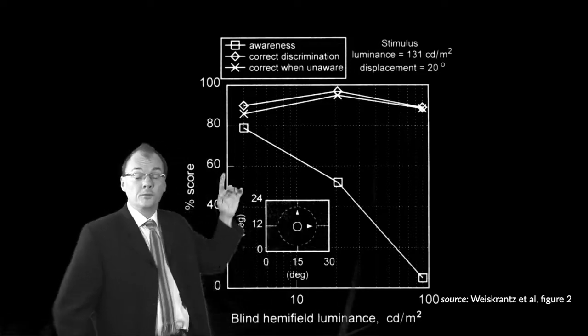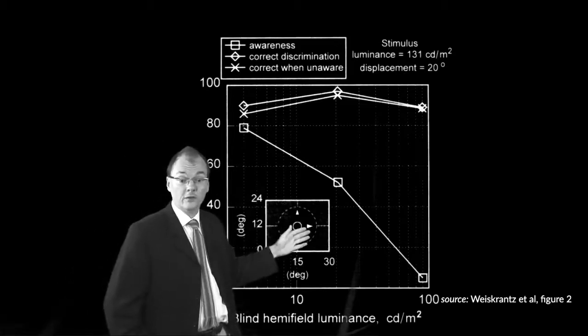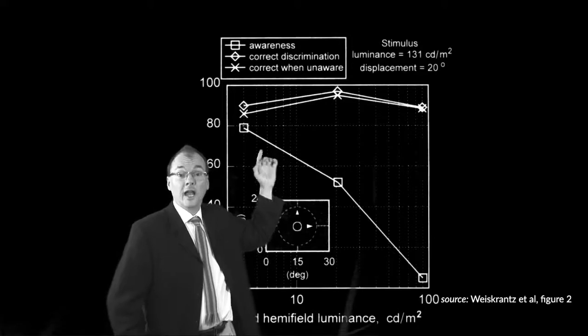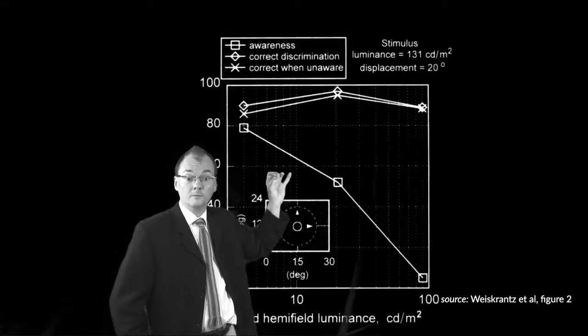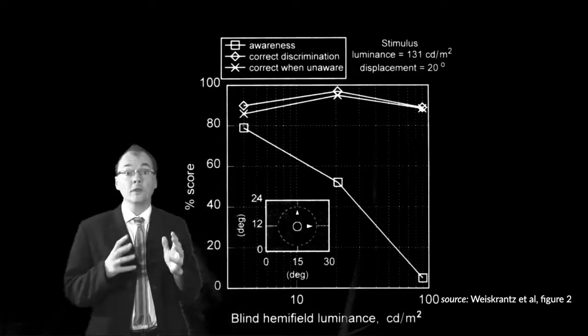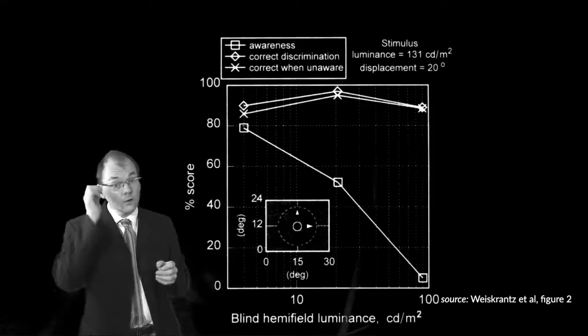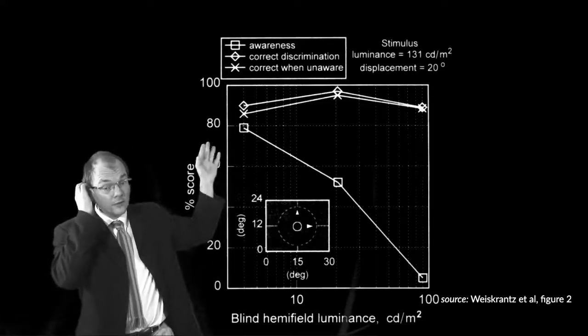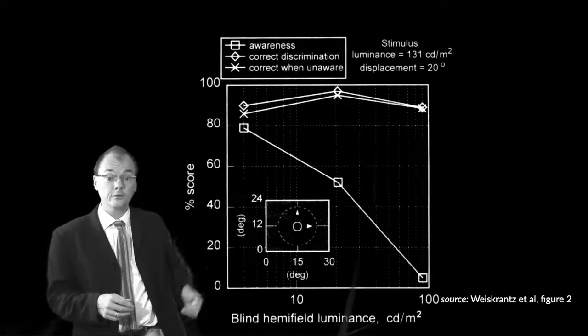But although the reports of awareness are changing, so plausibly the subject's awareness itself, accuracy in discriminating horizontal from vertical things is not changing at all. Furthermore, whether the subject reports being aware or not aware seems to make no difference at all to the accuracy of the subject's performance in distinguishing the horizontal from the vertical.